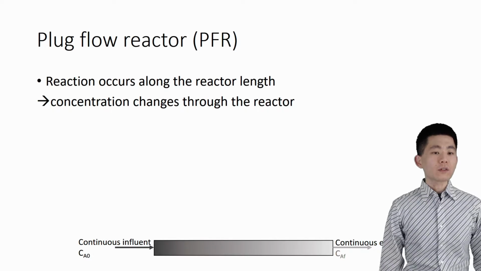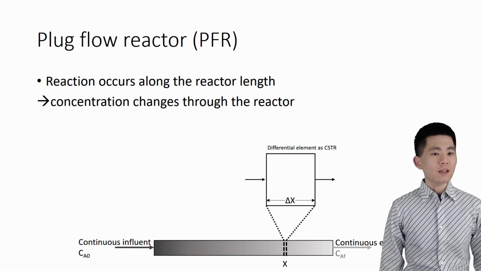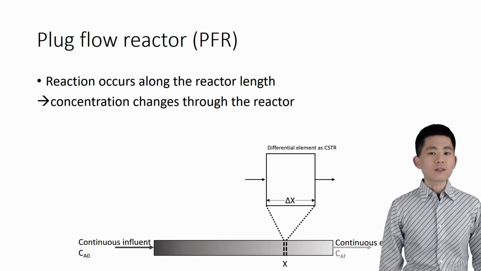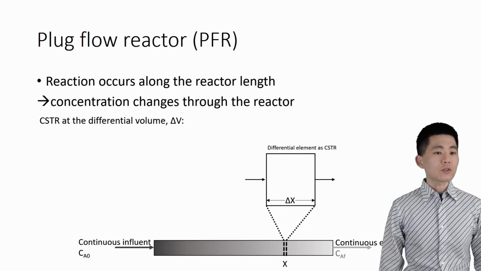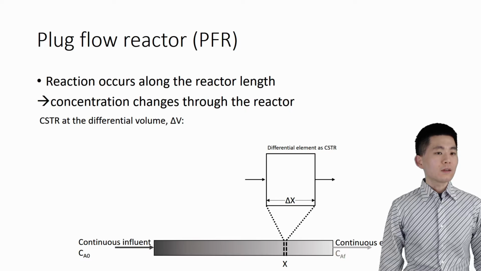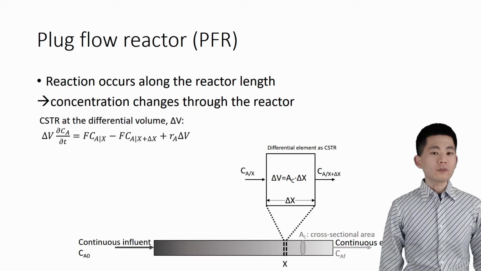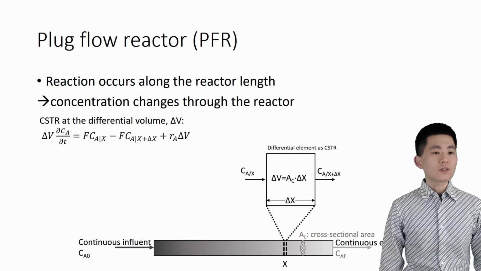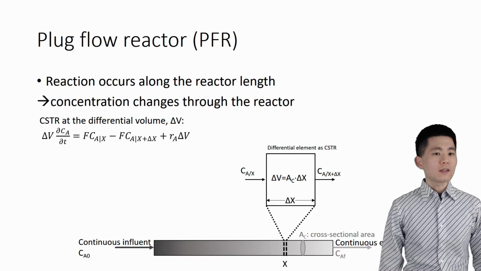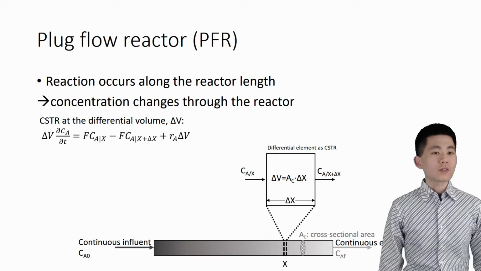To calculate the component A concentration at any location of the reactor, we can take a differential element at that location and consider it as a small CSTR, and conduct the mass balance. At the differential element delta x, the difference between the influent concentration CAX and the effluent concentration CAX plus delta x is the result of a reaction within delta x.